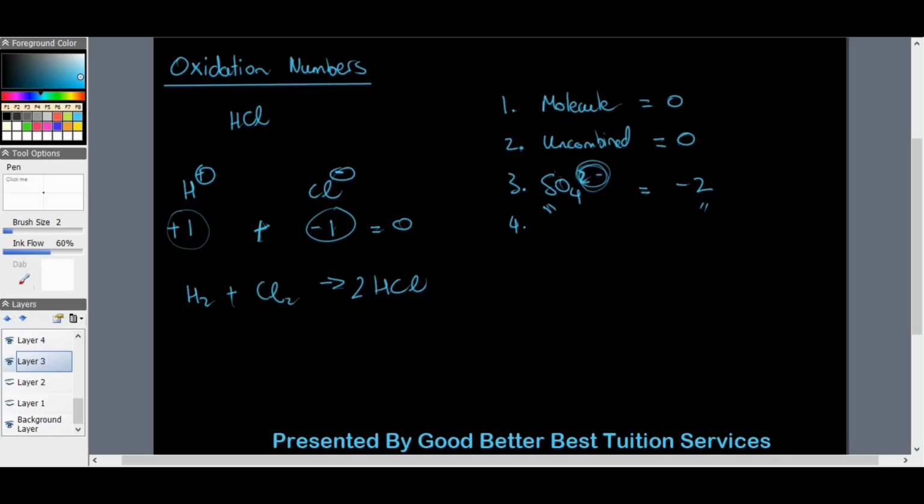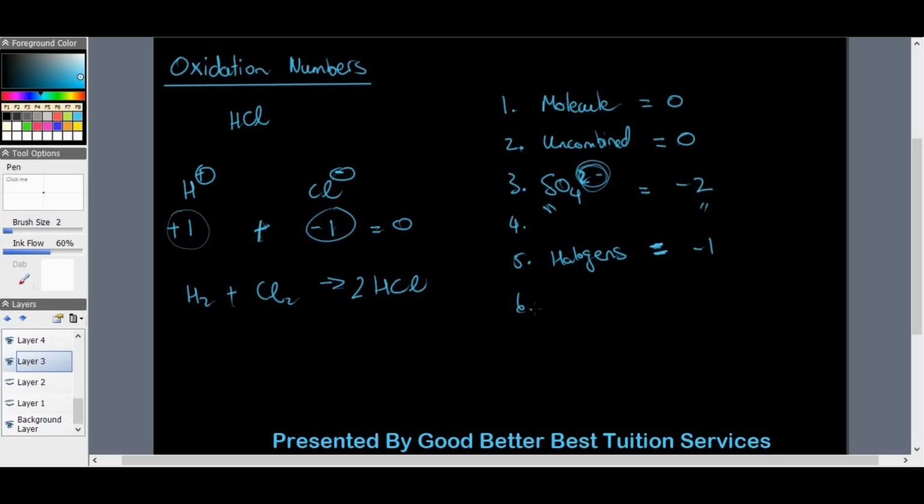The oxidation number of the halogens, when the compound consists of two elements: for the halogens, the oxidation numbers are always equal to -1. That is a rule that exists. Fortunately, it must be followed and it must be applied.